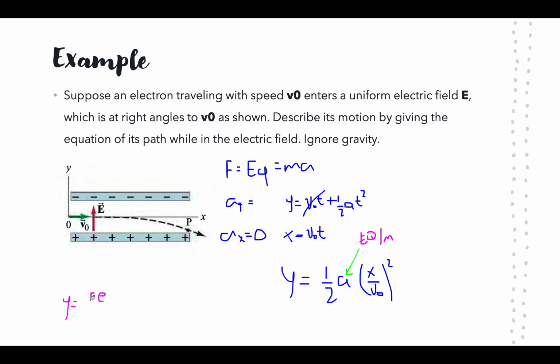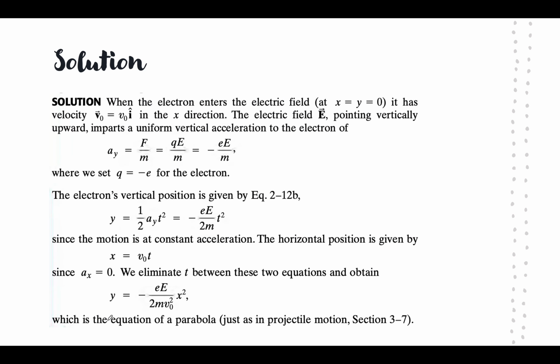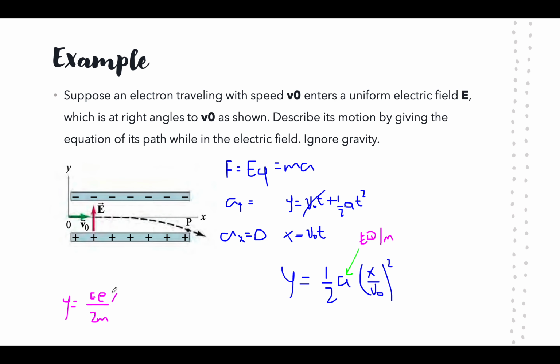It's negative, but the acceleration is also negative, so that cancels out. So y is equal to eE over 2m, x squared over v0 squared. And this is the parabolic motion of an electron entering a perpendicular electric field.